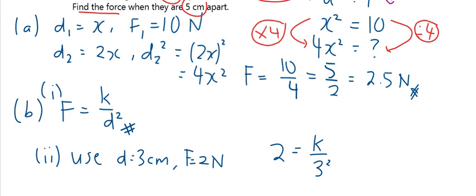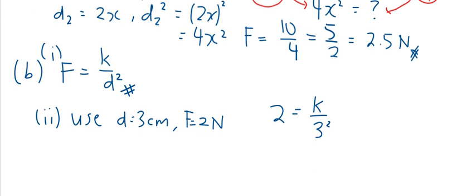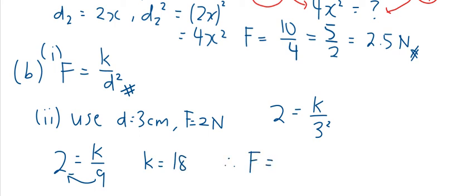So let's have a look here. And you have 2 equal K over 9. So when you move over here to the other side, your K is 2 times 9, 18. So therefore, your initial equation becomes F equals 18 out of D squared.